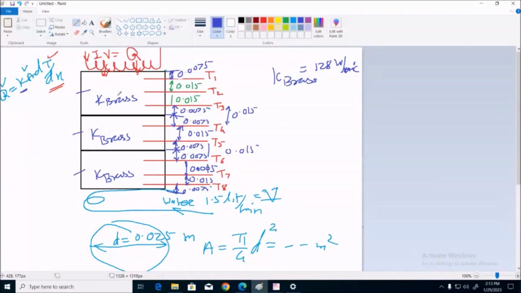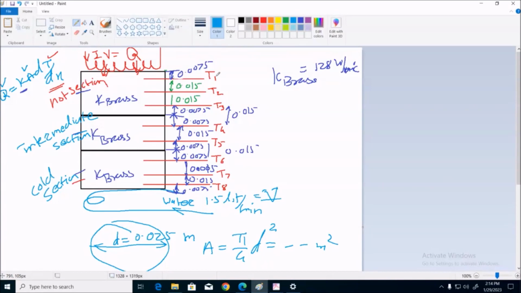Okay, so this metal slab is near to the heater. That's why it is called hot section. It is near to water. That's why it is called cold section. In between hot and cold section, this is called intermediate section.